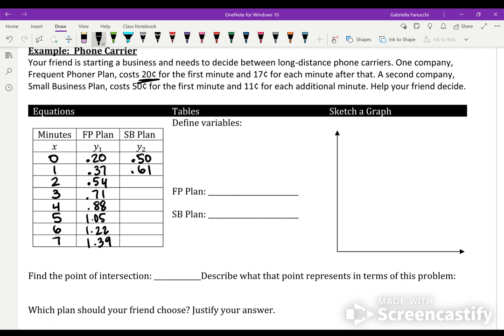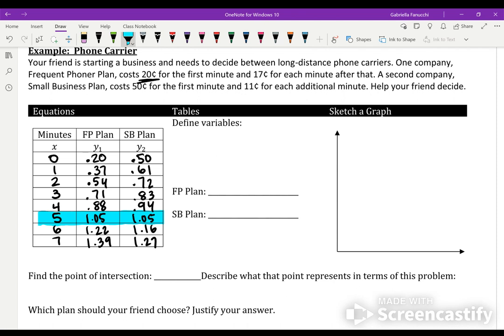For the small business plan, if I continue by adding 11 cents, just on this table, you should be able to see something. You should already see what your solution is, where they're both equal, right? At 5 minutes, they both cost $1.05.